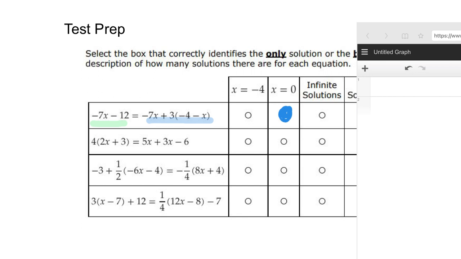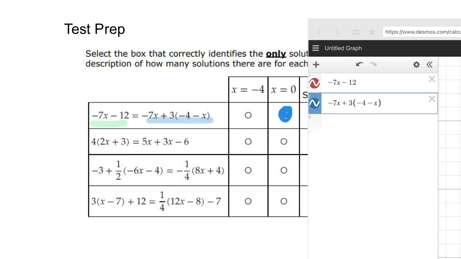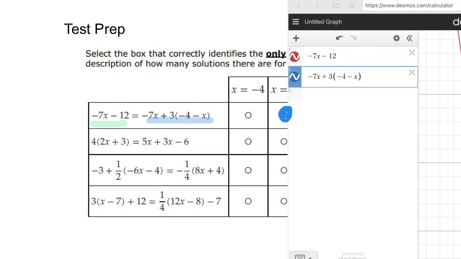And so I can do the same thing with the next one. I can graph 4 times 2x plus 3.